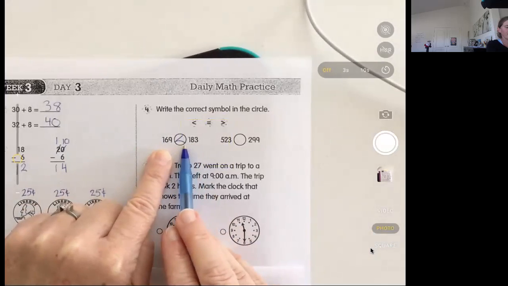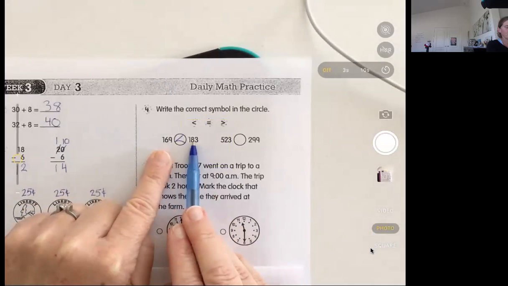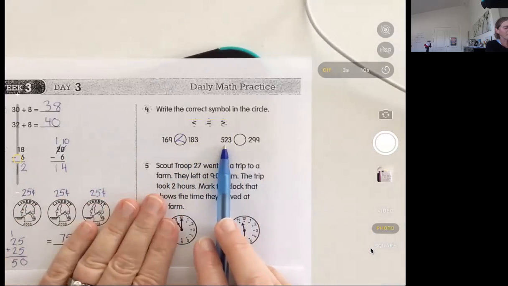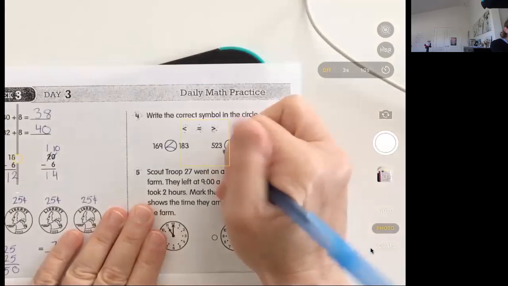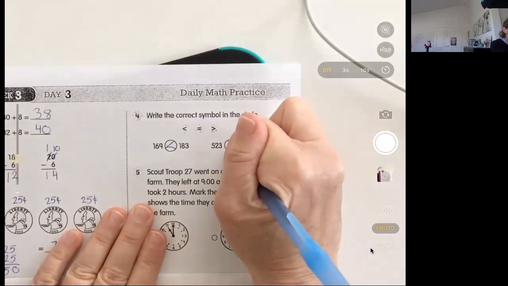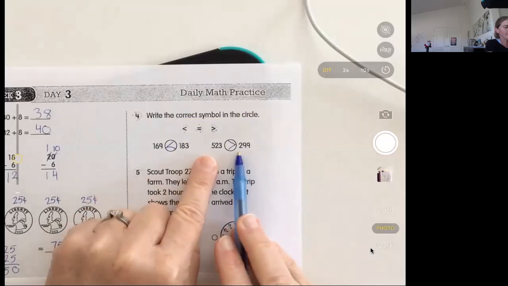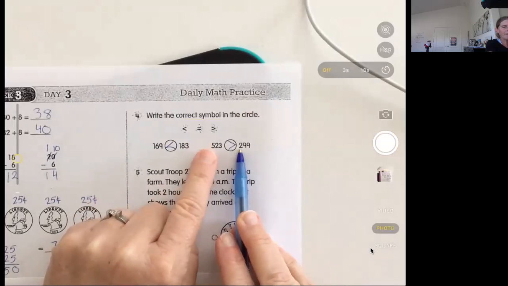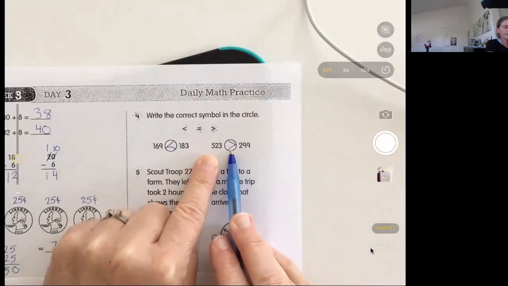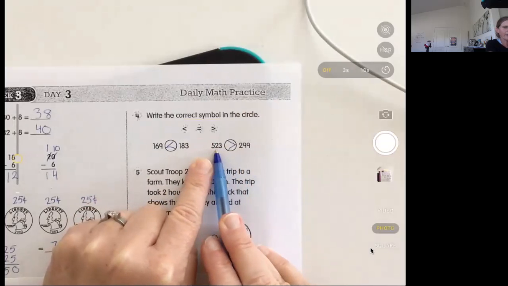So I know that that alligator likes to eat the biggest number. All right, 523 is definitely greater than 299. Again, when I'm looking at place value, I'm looking in the hundreds place. Already the 5 is bigger than the 2. So that's how I know that this number is greater.